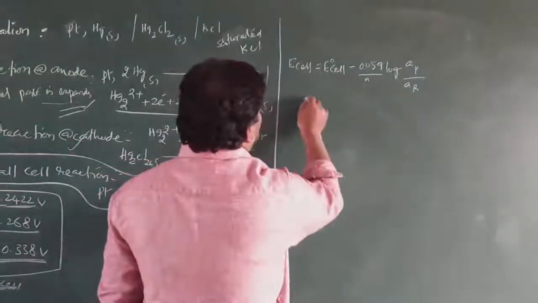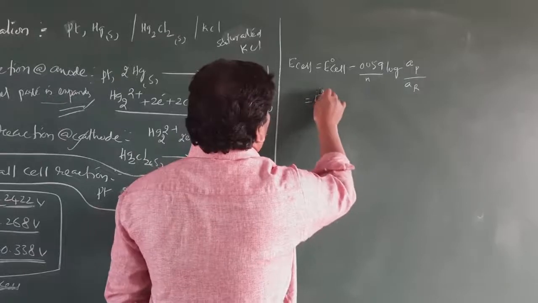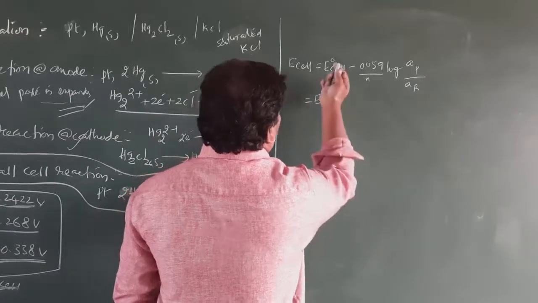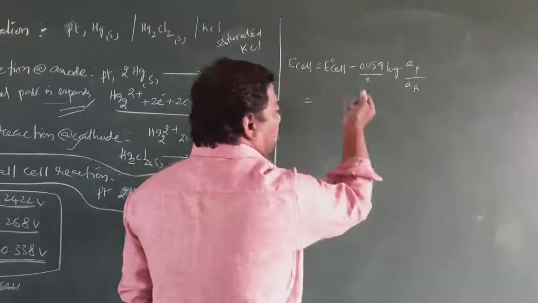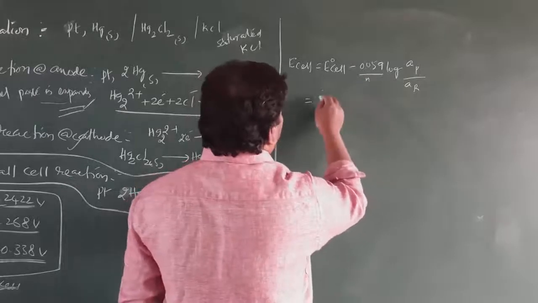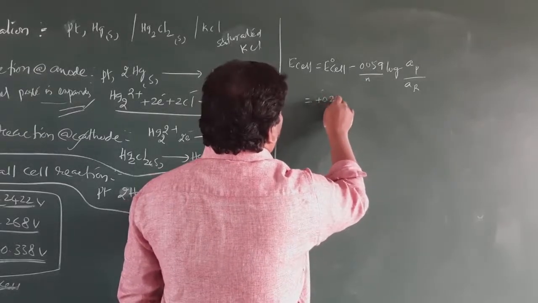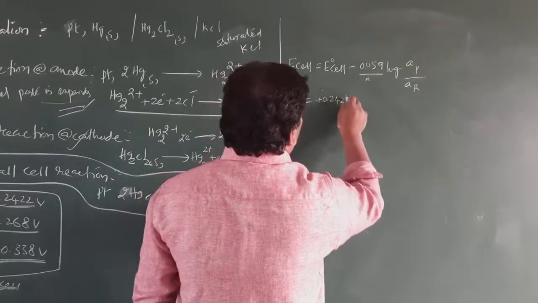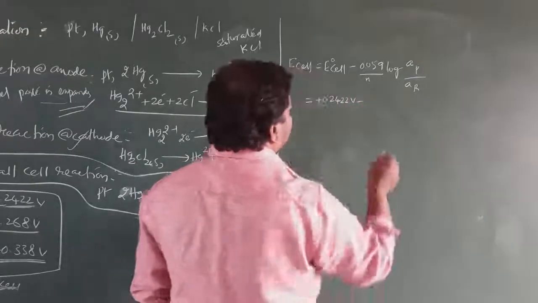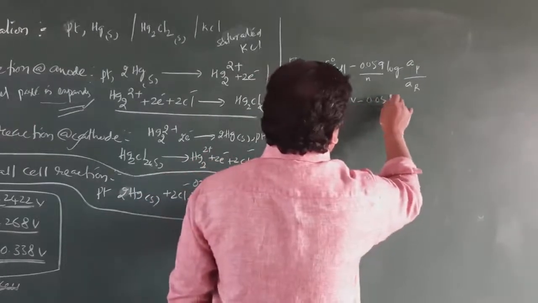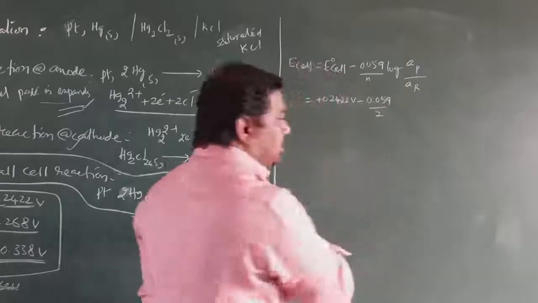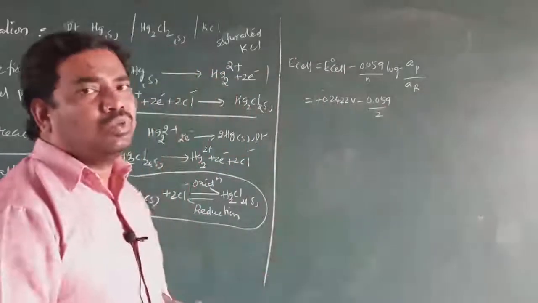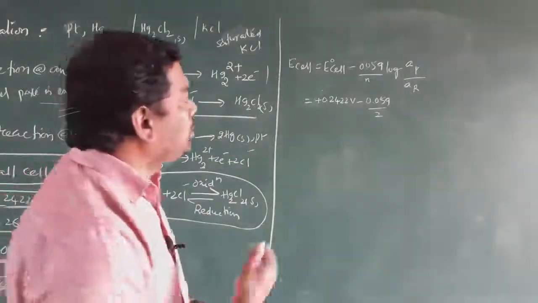Clear? So E naught cell is 0.2422 volts, there is no issue. So 0.2422 volts minus 0.059 by 2, because the number of electrons transferred in the reaction is 2 electrons.